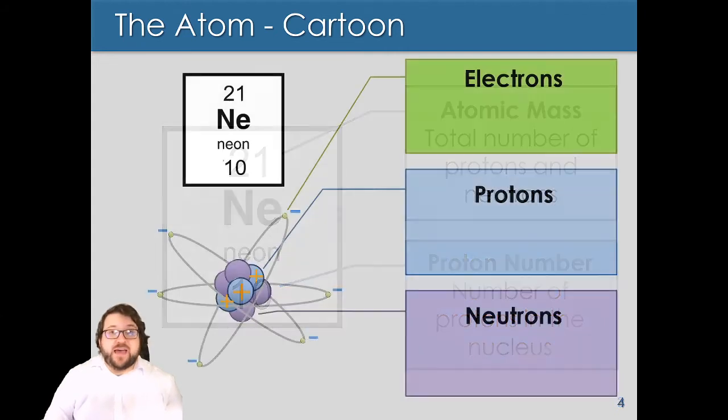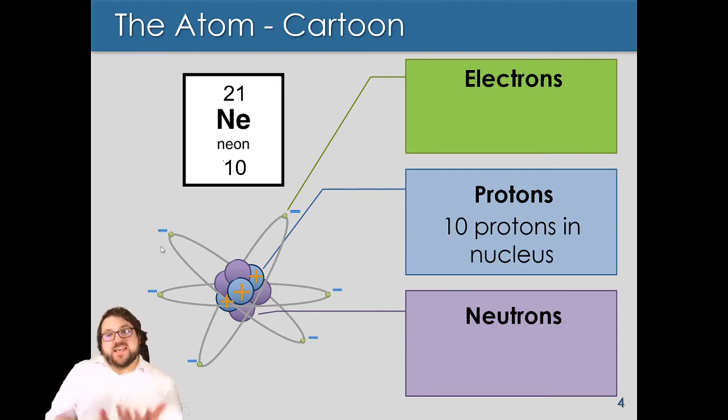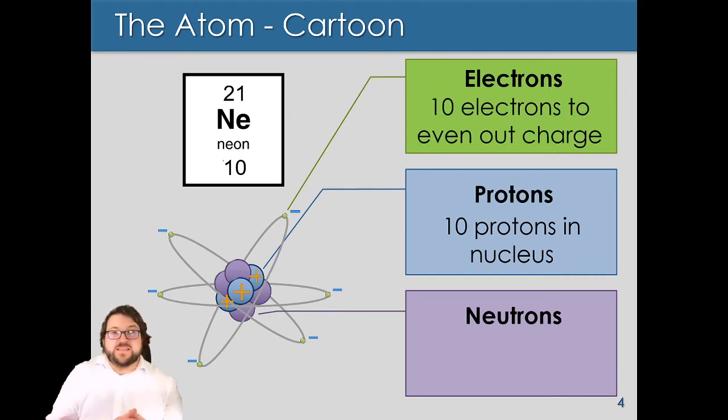So if we were to figure it out then for neon, how many protons, neutrons and electrons there are in the atom, well, first of all, we'll look at the proton number and we'll notice that it's 10. So the number of protons must be 10. That makes sense. We mentioned this idea before that anytime we've got a positive charge, like a proton's positive charge, if there are 10 of them, it must attract 10 negative electrons over there. So that's what that's going to look like, 10 negative electrons.